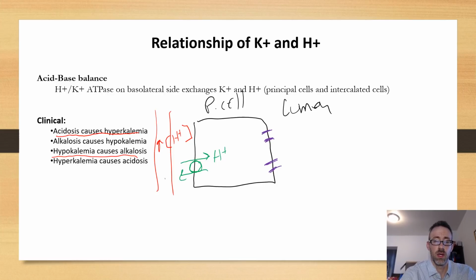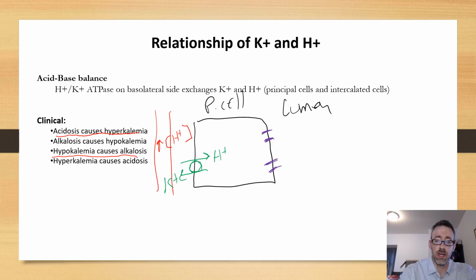That's going to move the potassium out. These exchangers are located on the principal cells as well as on the basolateral side of many different cells, including the alpha intercalated cells. The high proton concentration moves inside the cell, and it moves the potassium out of the cell and back into the bloodstream.